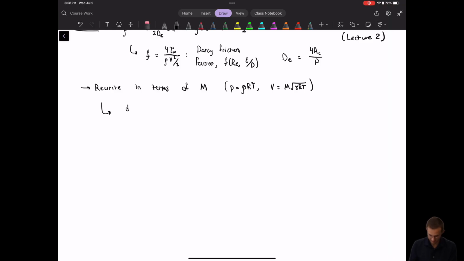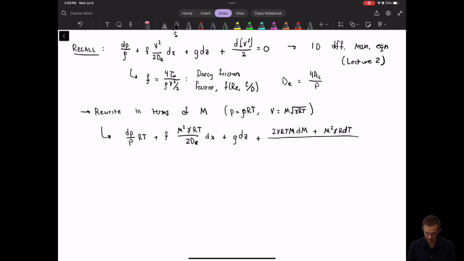If we plug that in, we get dP over P RT plus the friction factor f times M squared gamma RT over 2 d_e dx plus g dz plus 2 gamma RT M dM plus M squared gamma R dT, just expanding out that total differential operator, over V squared divided by 2 equal to 0.